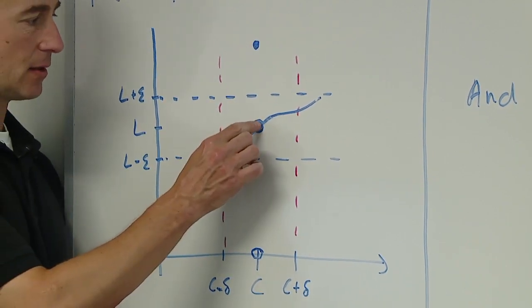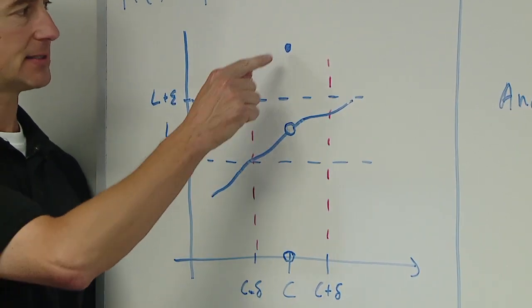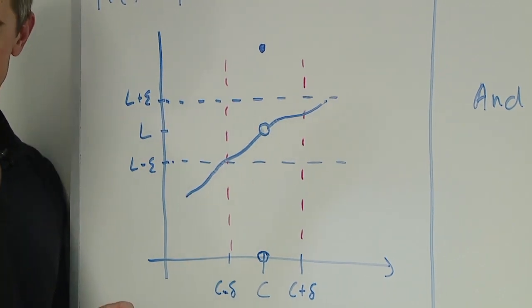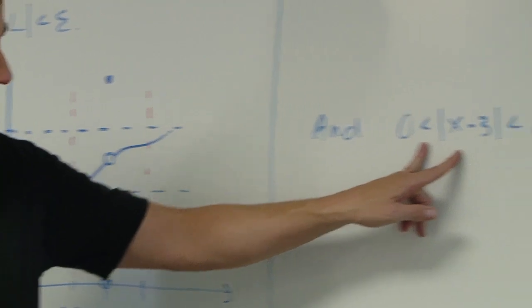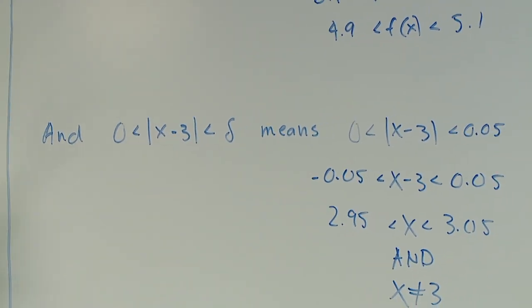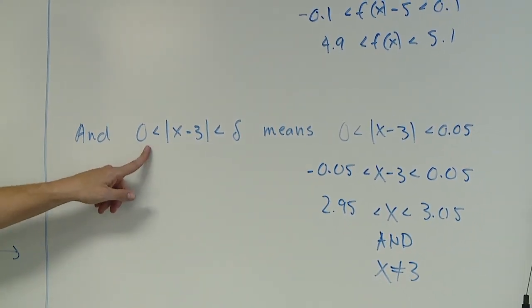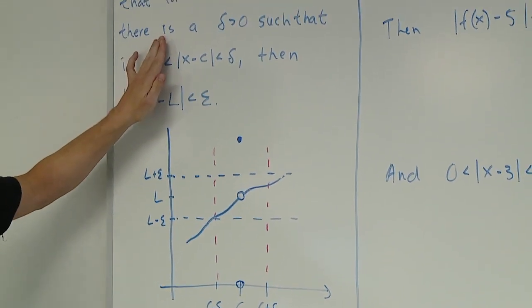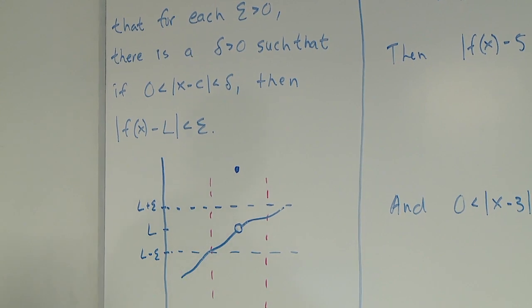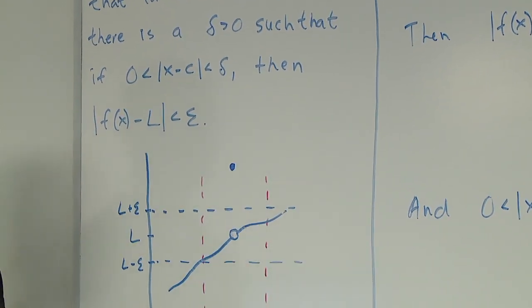No. The limit is still L here, because this point we don't worry about. We said that last week when we were doing our intuitive definition of the limit. And this nice formal definition of the limit now captures that by putting this 0 here. If we didn't put the 0 there, we'd be in trouble, because then that would allow x to equal 3, and then we'd have some trouble staying inside this epsilon band here.